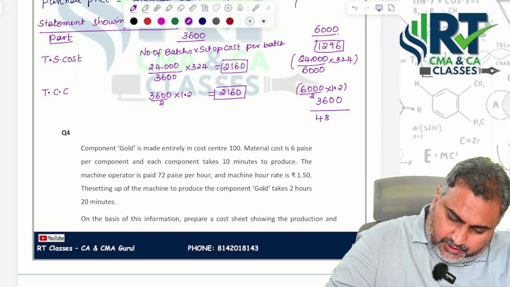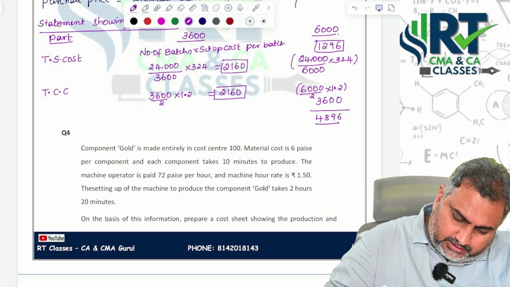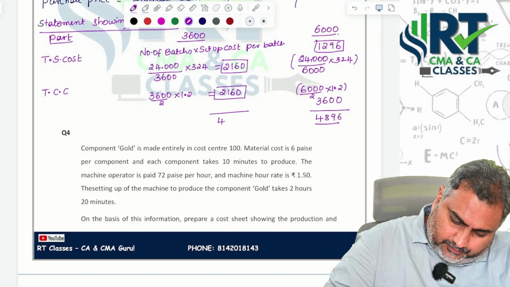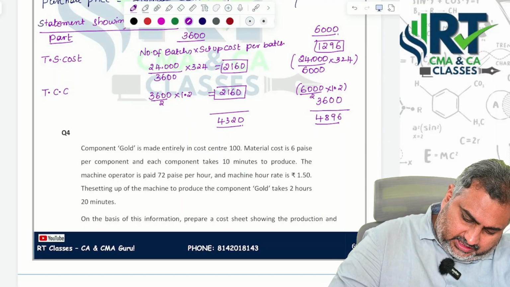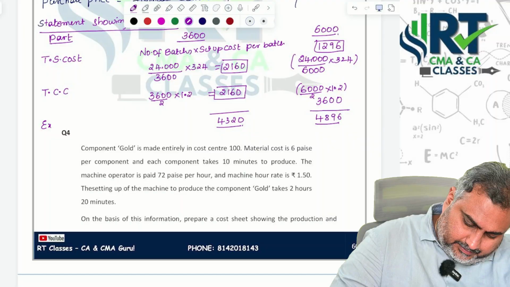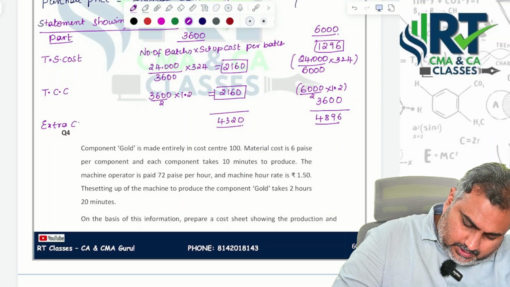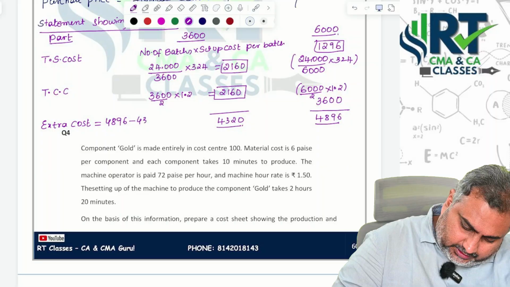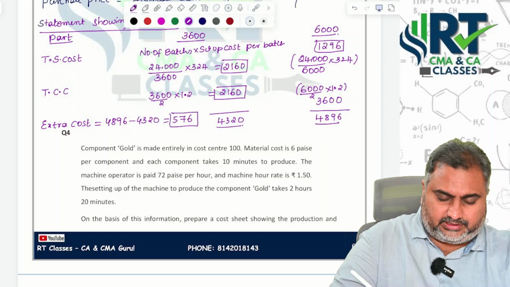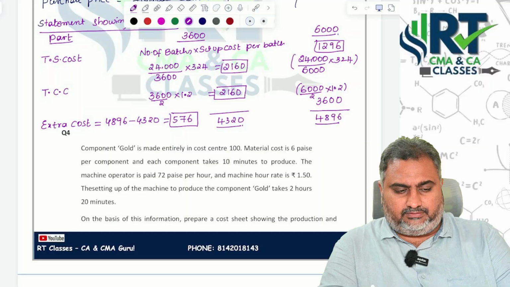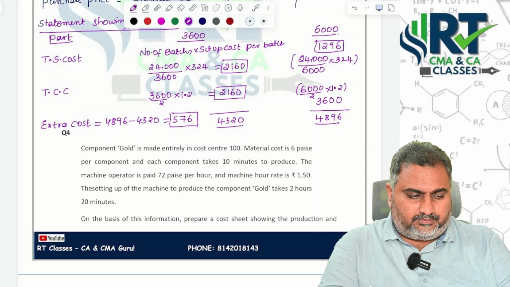Total 4896, and this is 4320. How much extra cost are we incurring? Extra cost incurred equals 4896 minus 4320, that is equal to 576 rupees. This is the way we are supposed to calculate.